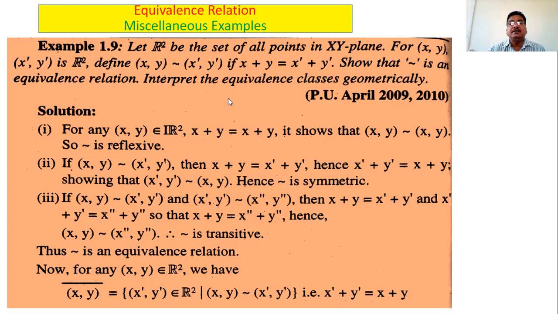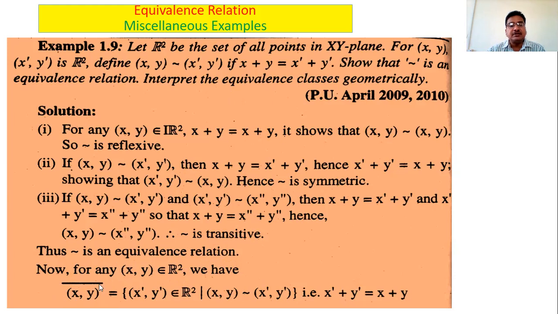Now we have to find the equivalence classes. So take any one element from R², suppose (x, y) is an element of R², and the equivalence class of this element (x, y) is denoted by (x, y) bar, or written in square brackets, [(x, y)].